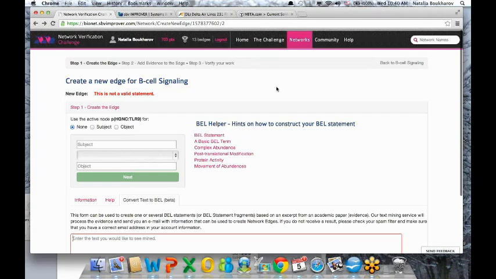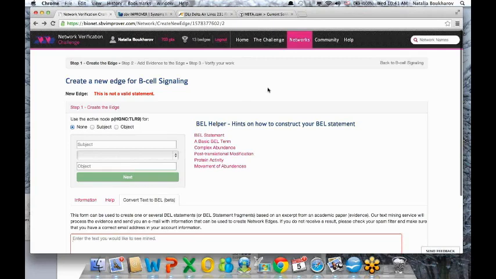Once it's finalized at the Jamboree and published and put in the public domain, I don't think you will have people associated with who entered things, because a lot of things were entered by Selventa and PMI scientists when these models were first constructed, and then the scientists who participated added new edges and new evidence. So I don't think we're going to keep the authorship of who added what, but we will have the information about the supporting statements, such as what PubMed ID was added that supports this edge.